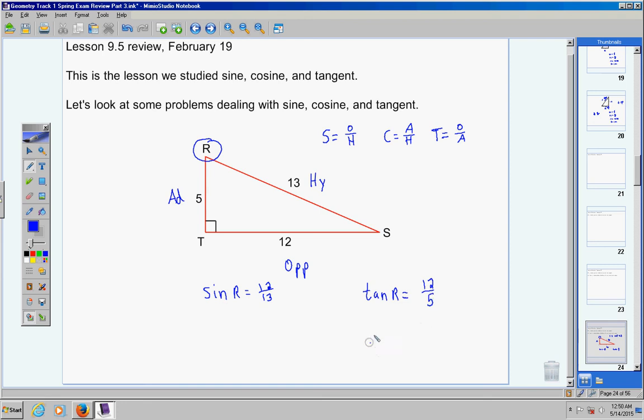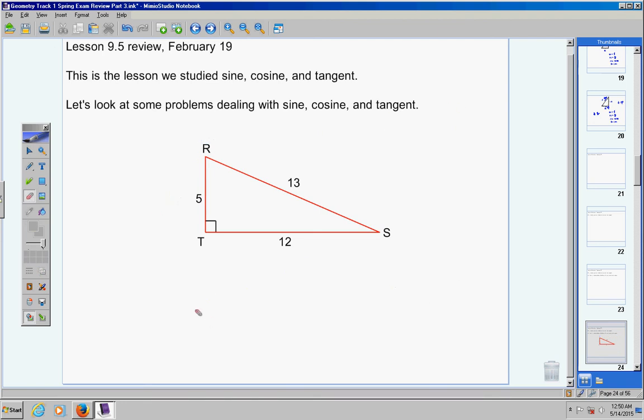Alright, let's switch over to angle S for a second, okay? Angle S. What if I asked you to find the cosine of angle S? Well, let's circle S. Go straight across. 5 is my opposite side.